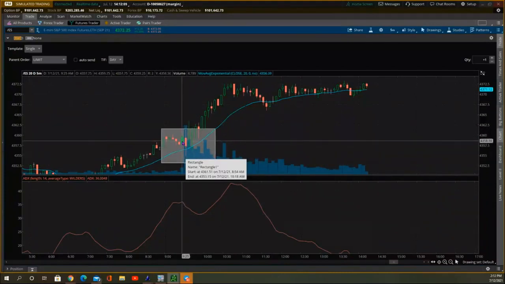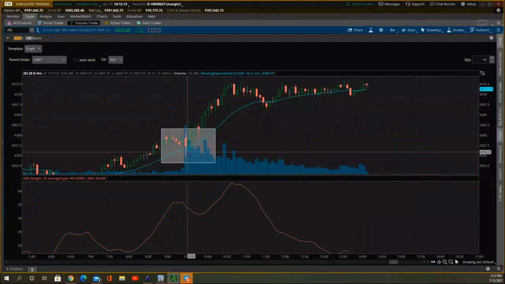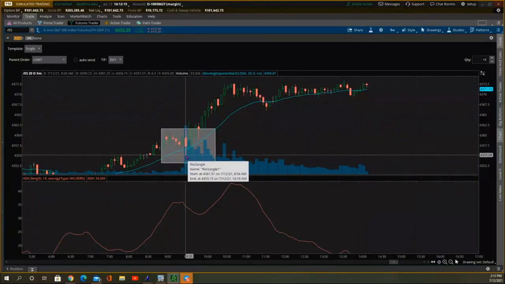So you entered right here at the top of this bar, 43.59.75. So you can put a buy stop there, and your stop is going to be a tick or so below this last swing low, which would have been 43.54.75.